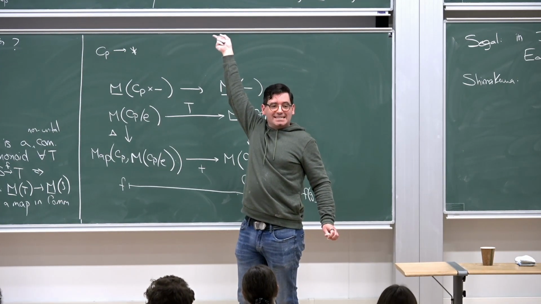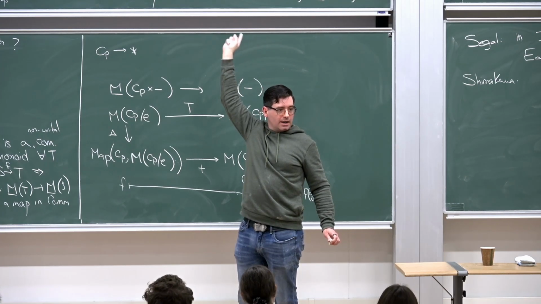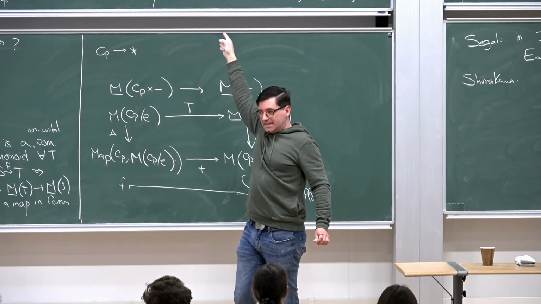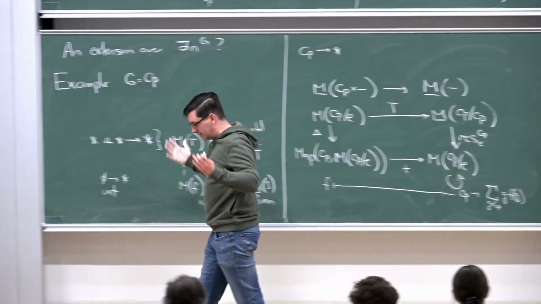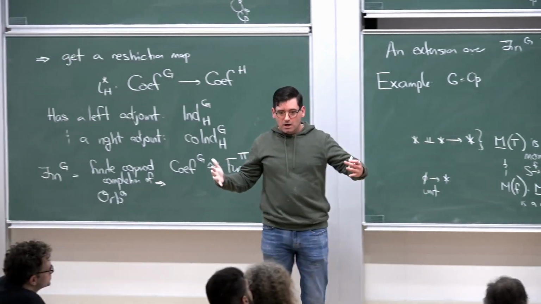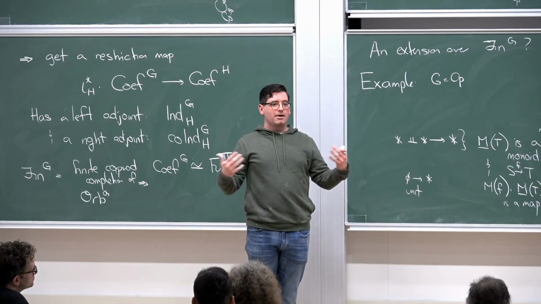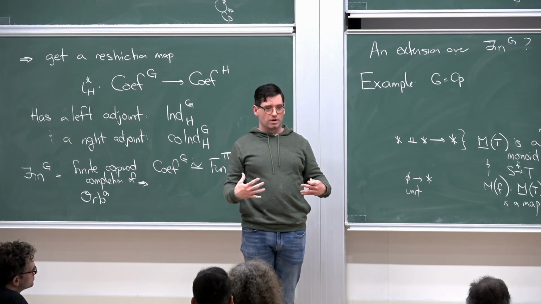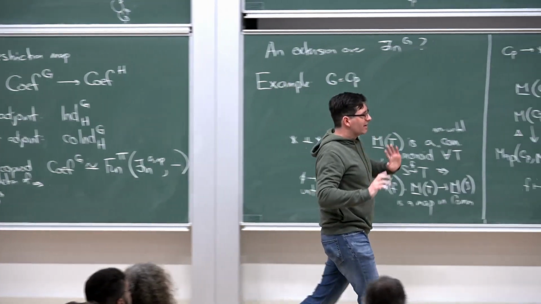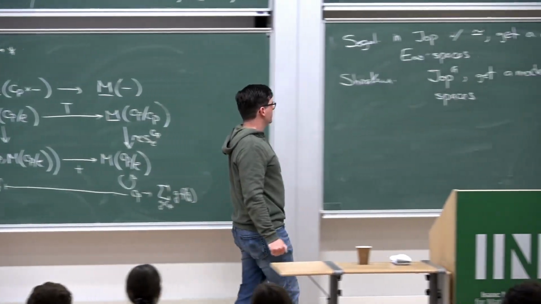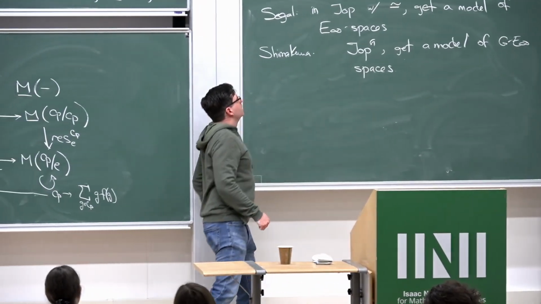I'm able to talk about these extensions over not just finite sets, so I don't know how to just multiply a finite set's worth of elements, I know how to multiply a finite G-set's worth of elements. And that's the defining feature, in some sense, of the genuine story.